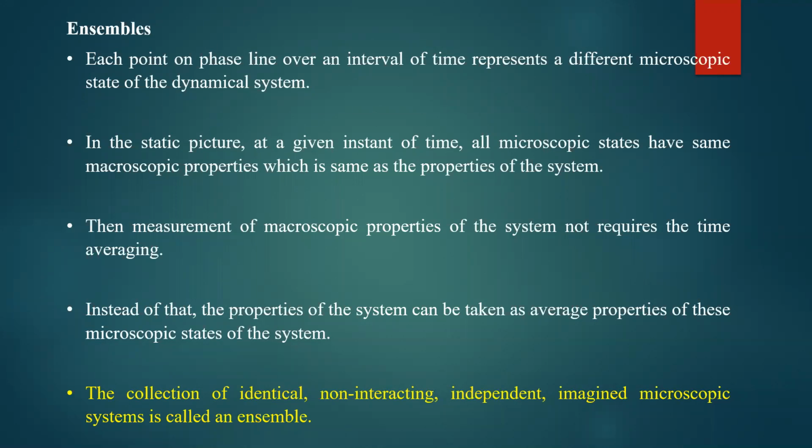That is why we call it an ensemble. So what does ensemble mean? An ensemble is a smallest microscopic system, and a collection of ensembles gives you a complete system. An ensemble is an identical, non-interacting, independent, and imaginary microscopic system.